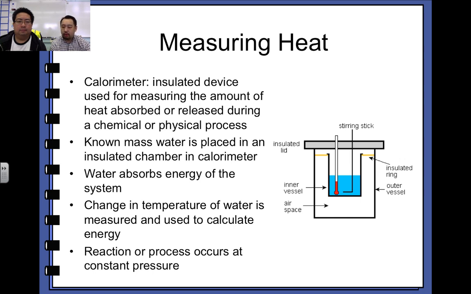And since we know how much water there is, the specific heat of water, and how much the water changes temperature by, we'll know exactly how much energy was being released by the chemical reaction. If we figure that out, we know how much heat is being produced. And this occurs at constant pressure, because if pressure wasn't constant, we'd have another factor that we'd have to deal with. Right.